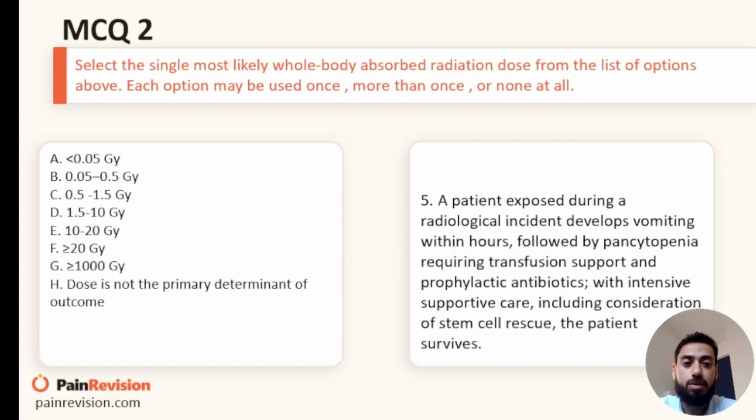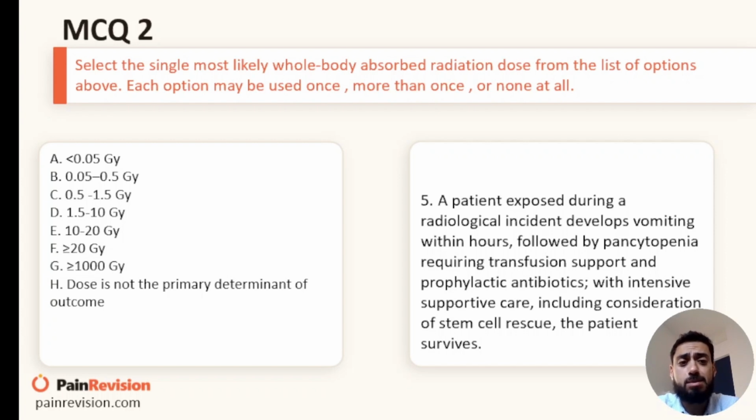And finally, for the last STEM, a patient exposed during an incident develops vomiting within hours, followed by pancytopenia, requiring transfusion and prophylactic antibiotics with ICU care. And they considered and actually proceeded to a bone marrow transplantation. And after that, the patient survives.